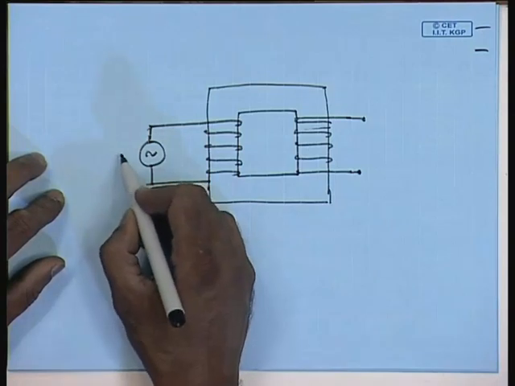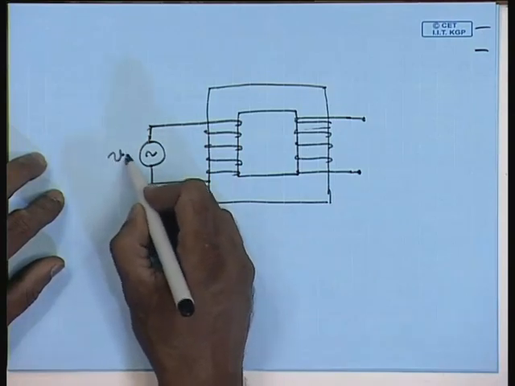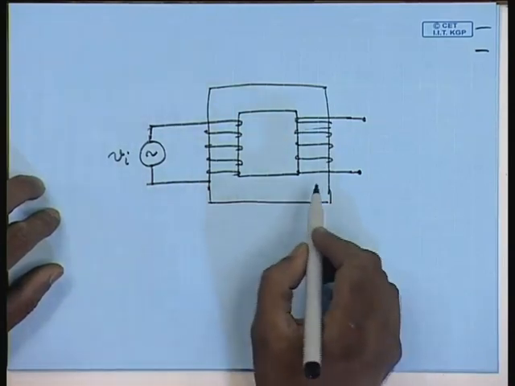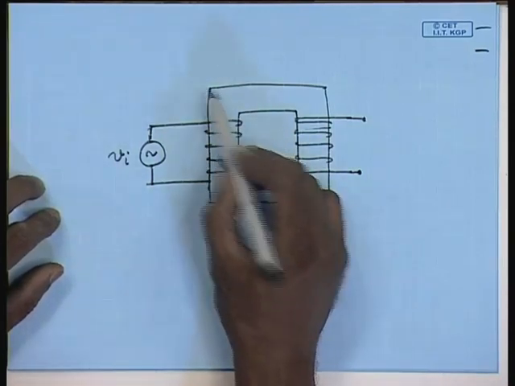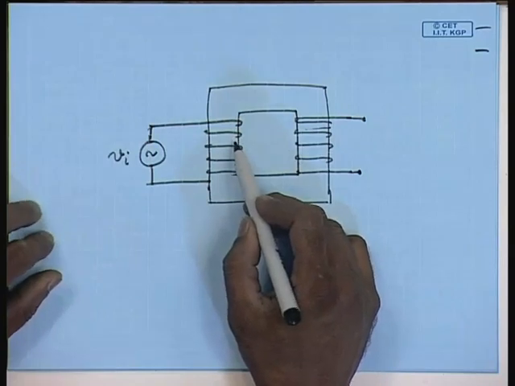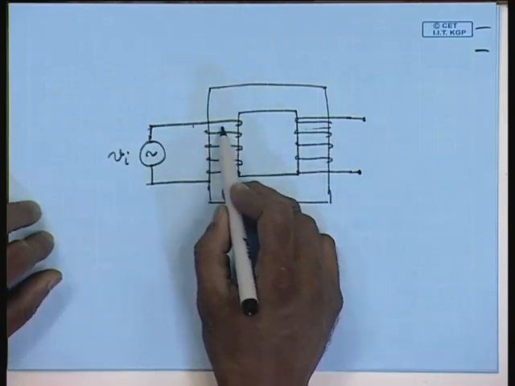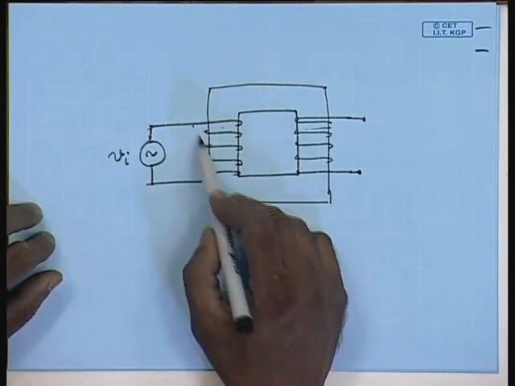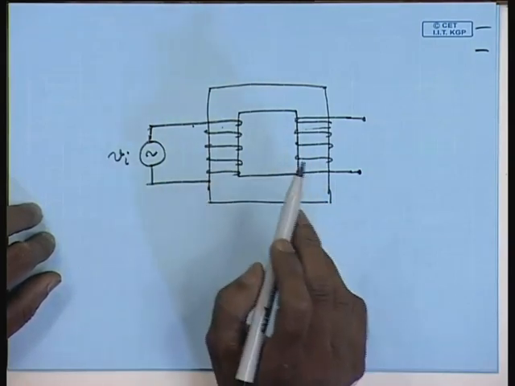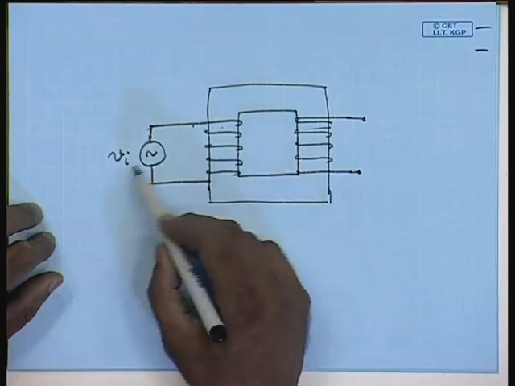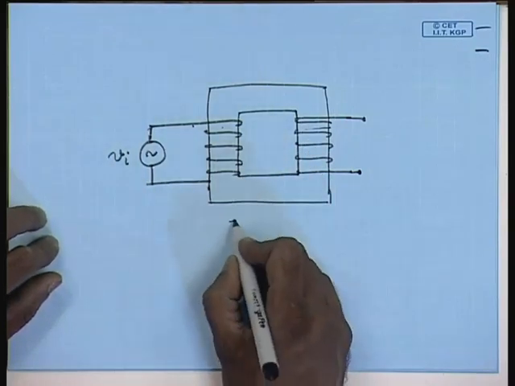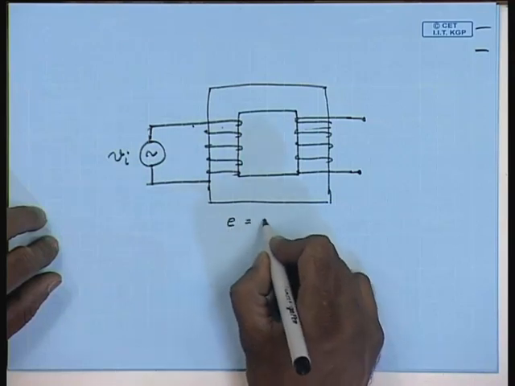The applied voltage we assume to be sinusoidal. If we neglect the resistive drop in the winding, then the counter induced EMF must completely cancel the applied voltage, that is, the counter induced EMF E should be equal to V1.